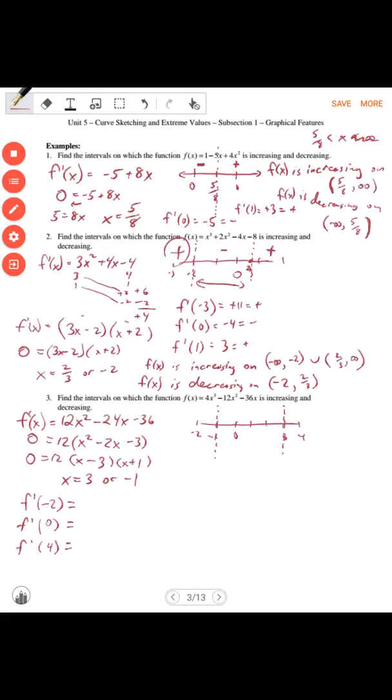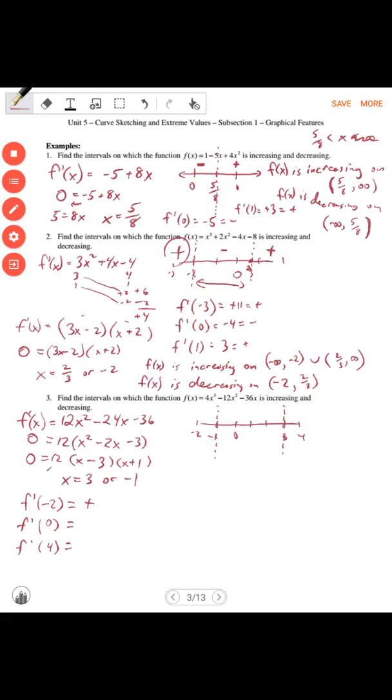All right, well, when we try that, we put in negative 2 here, so negative 2 minus 3 is negative 5. Negative 2 plus 1 is negative 1, so you have a negative times a negative, so this is positive. Okay, f prime of 0. Okay, so that's 0 minus 3, so that's negative 3, positive 1, so you have a negative and a positive.